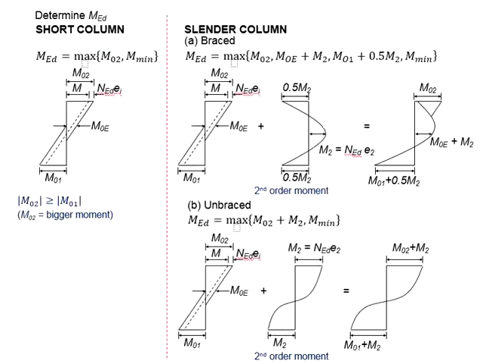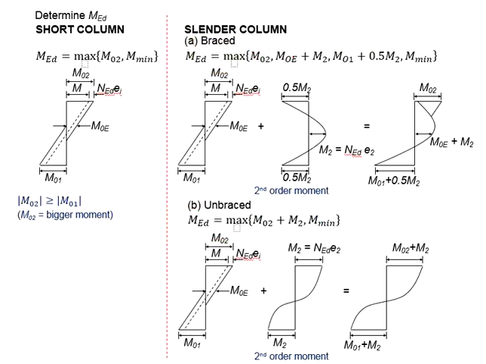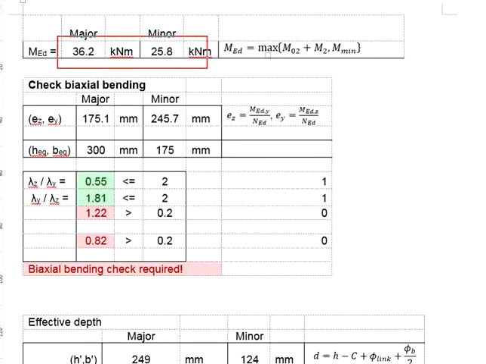The only difference will be the equations used to determine the MED, governed by the type of the slender column. Once we have the MED, you will need to determine whether the effects of the biaxial bending need to be considered. There are two possible outcomes.